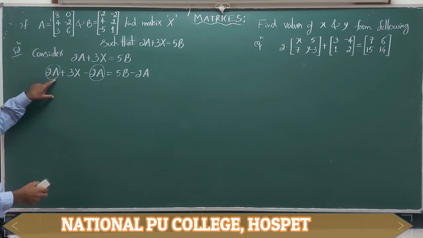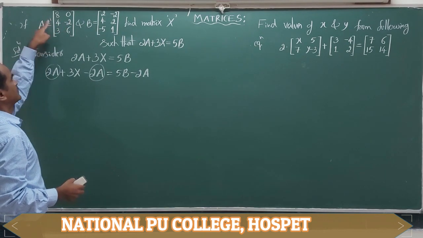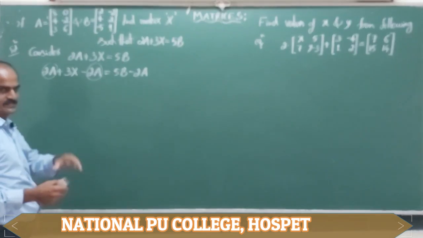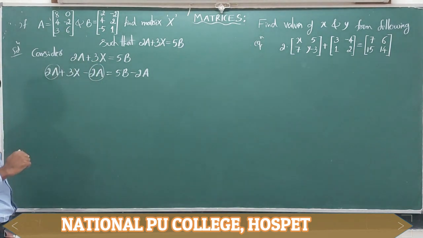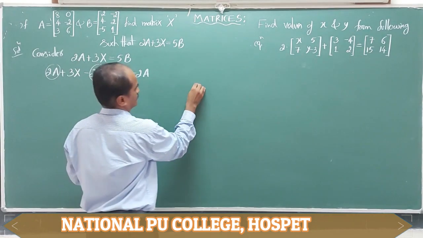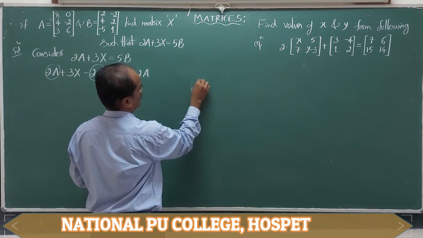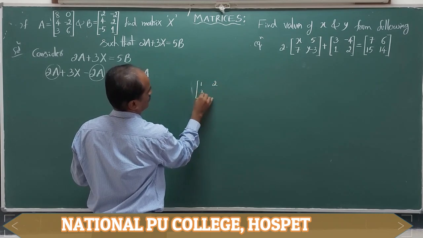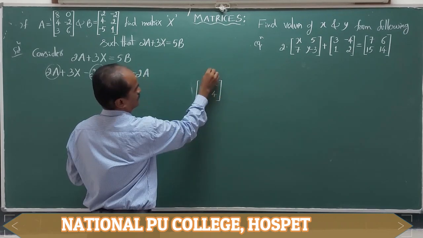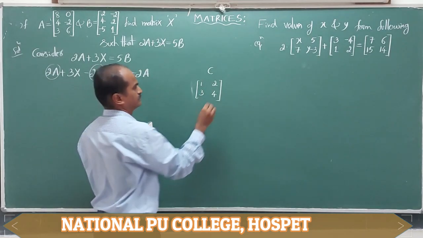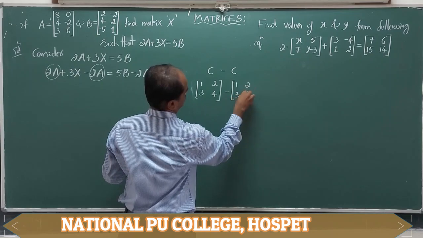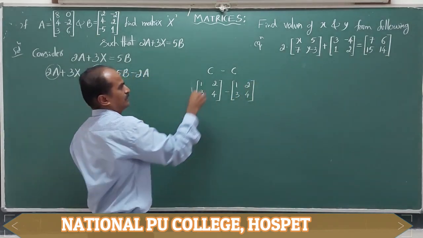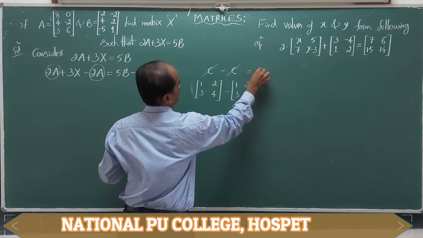2 times A, multiplying all the elements of the matrix by 2, you end up with some matrix. Assume that it is C, matrix C minus matrix C. So I took some matrix C minus C, minus of the same matrix. You cannot cancel these two matrices and write it as 0.